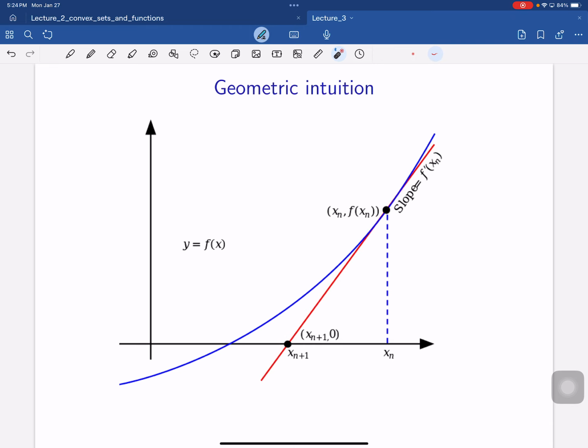This will be my next point. Then you repeat this. This gives you this function value here, then you can calculate the slope again, and it will hit this particular point. Then you repeat. As you can imagine, it will converge to the root of this nonlinear function. That's roughly how Newton's method works.